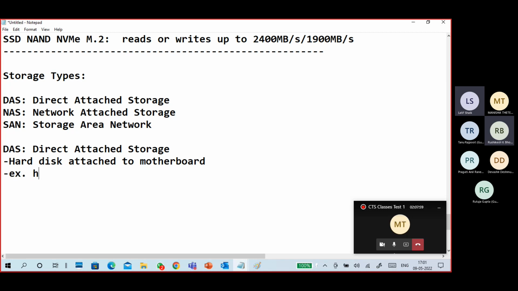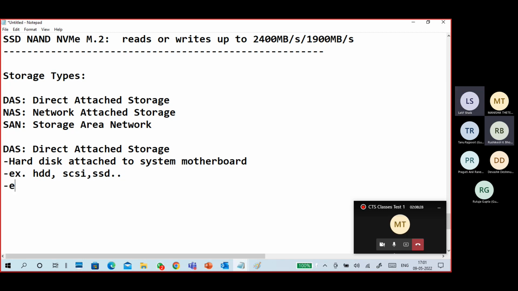Examples: normal hard disk, SCSI hard disk, SSDs. We attach all these things directly to the server or PC system motherboard.